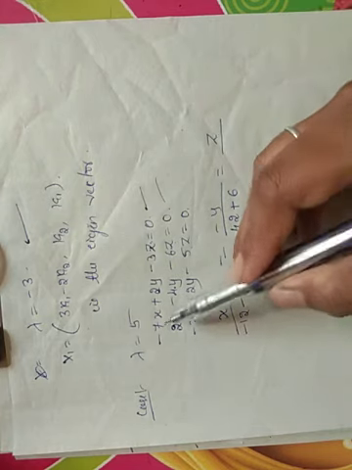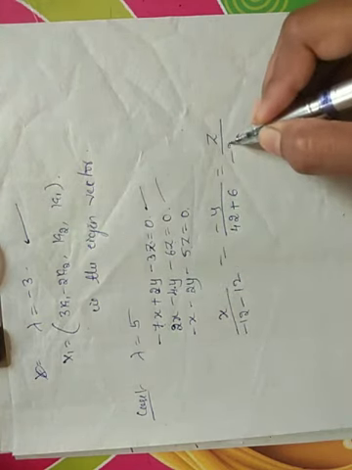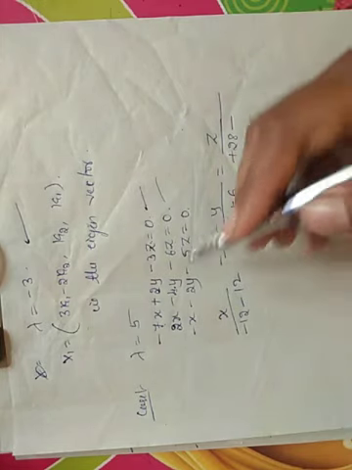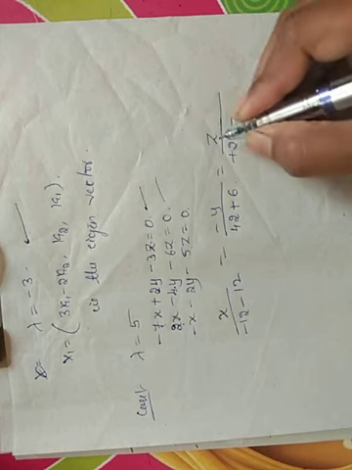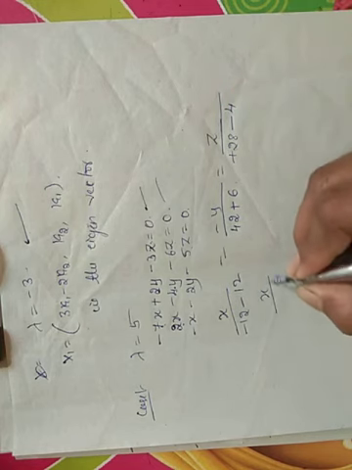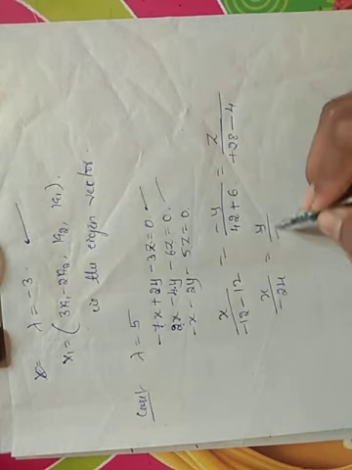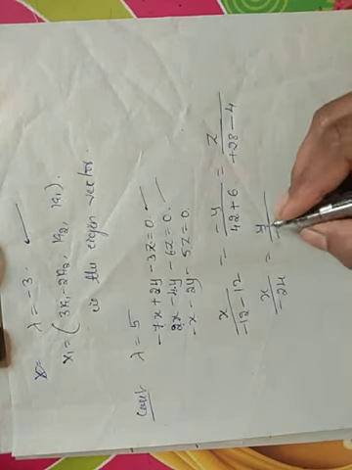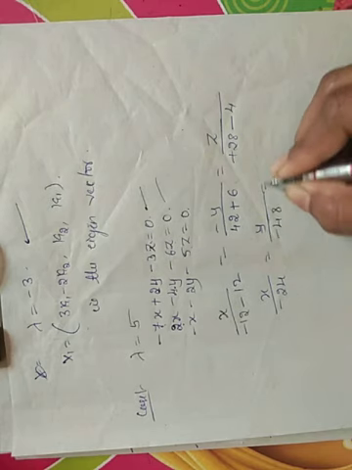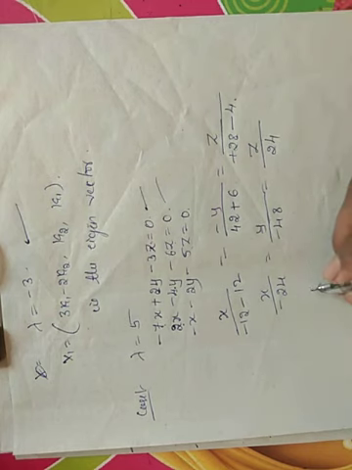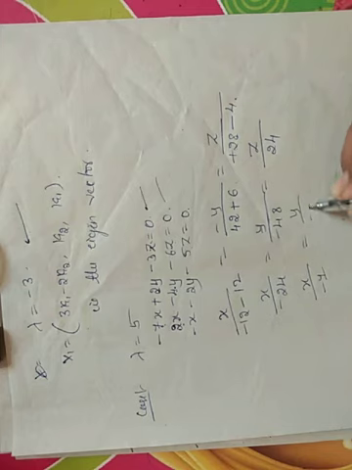Z divided by -7 into -4 is 28, minus 2 into 2 is 4, so 28 - 4 = 24. So x divided by -24, y divided by -48, z divided by 24, so dividing by 24 we get -1, -2, 1.